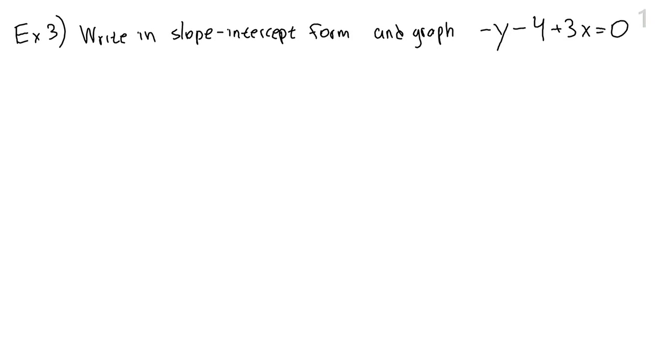So this is given to us in a sort of standard form. This is still an equation of a line. The power of y is 1, the power of x is 1, and there's a constant, so this is still a line in the plane.